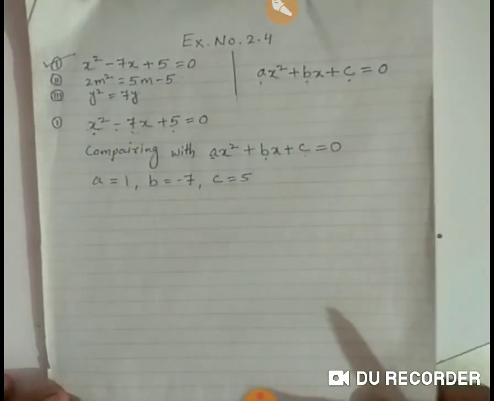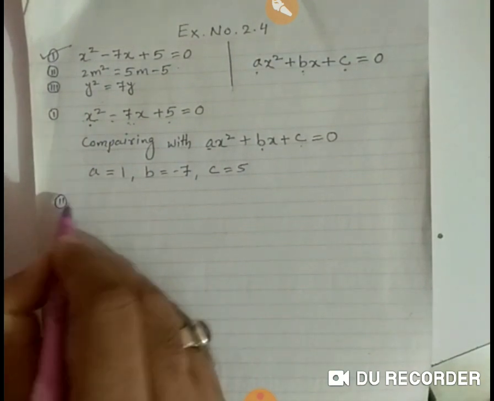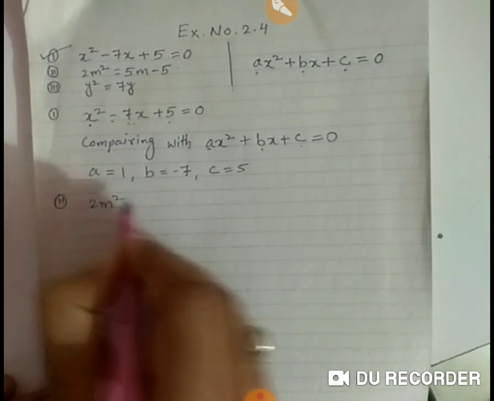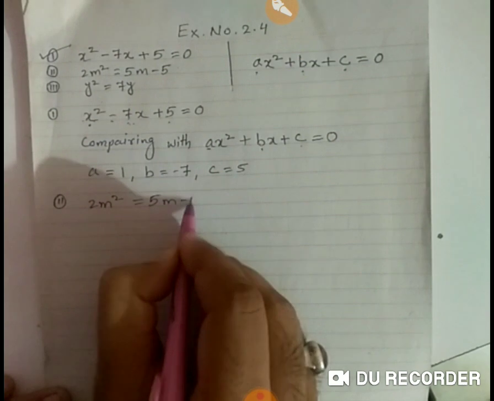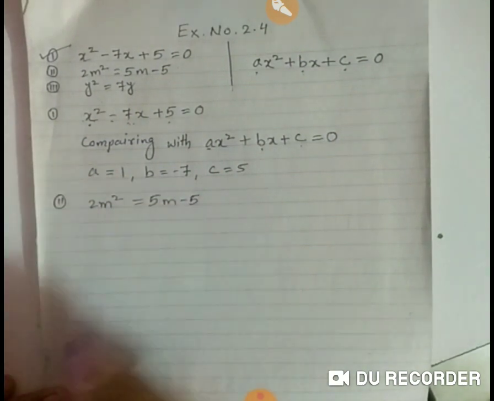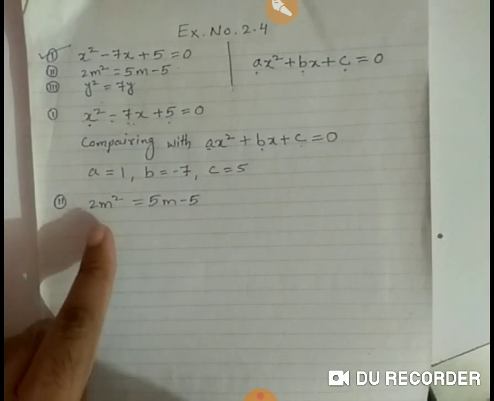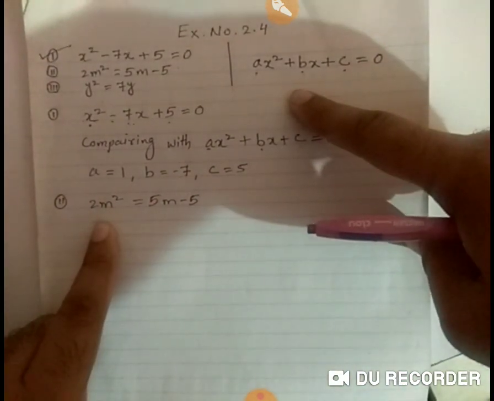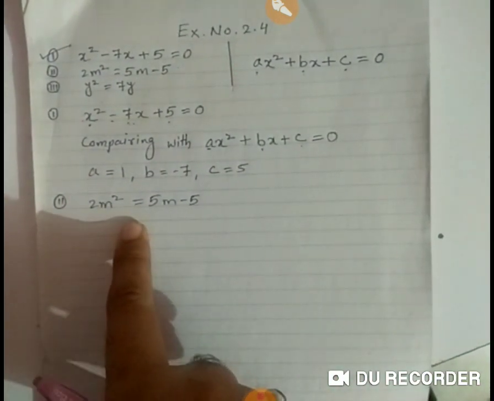Same way, second equation, 2m square is 5m minus 5. This is another quadratic equation. But if you compare this equation with your standard form, this equation is not written in proper order.